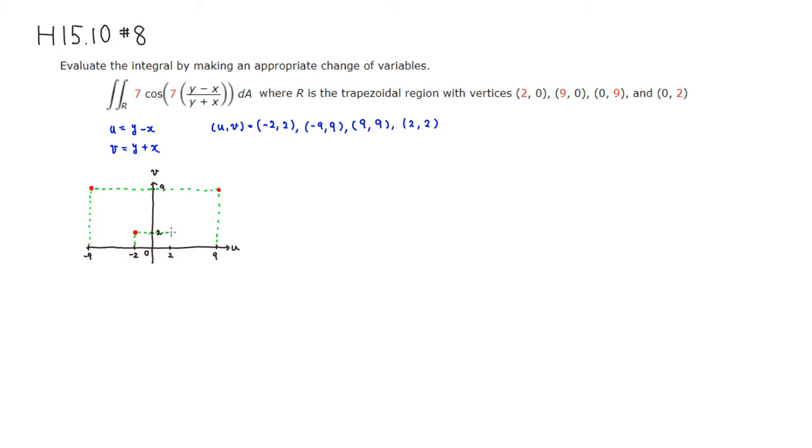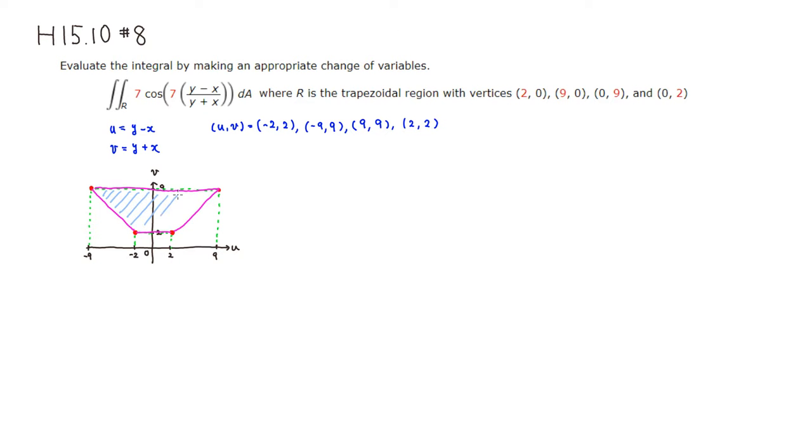So we have that. Now we can just connect them all together: connect those together, and those together, and those together, and those together. So we have this region here. This is the new region in the UV plane.